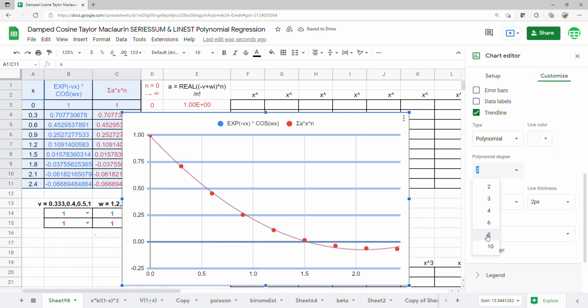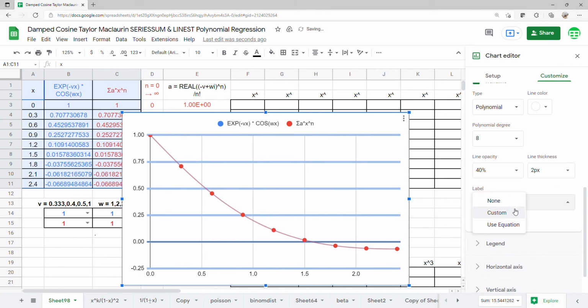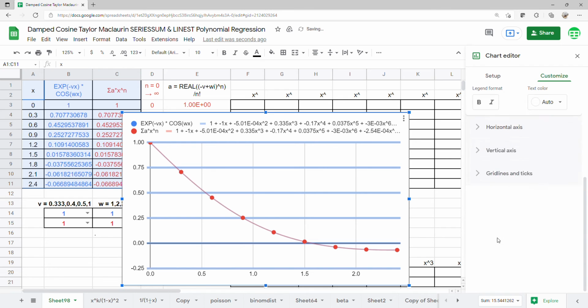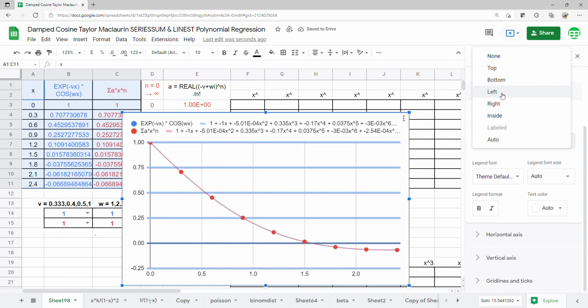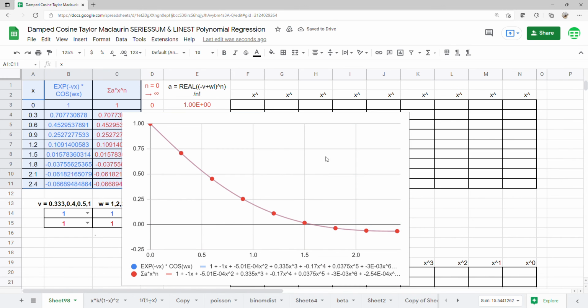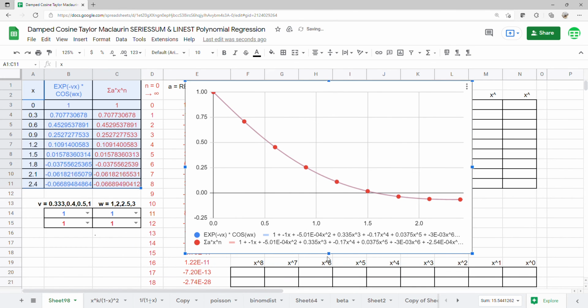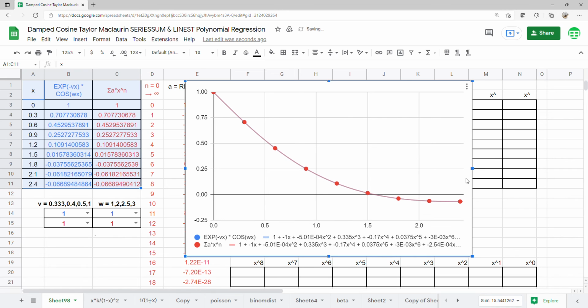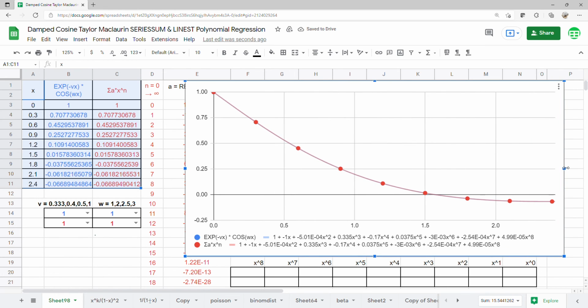The degree 8. For the label, use the equation, and for the legend, position at the bottom. Here's our trend line and polynomial of the expansion and the function of damp cosine or decaying cosine.